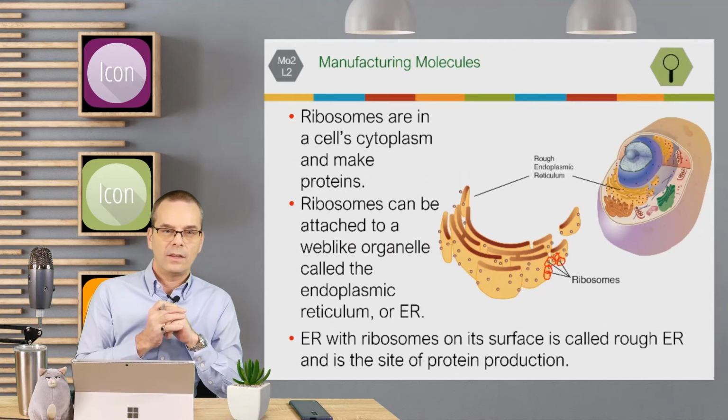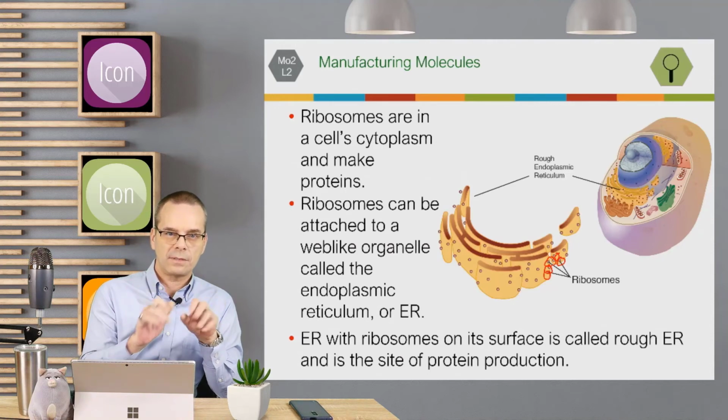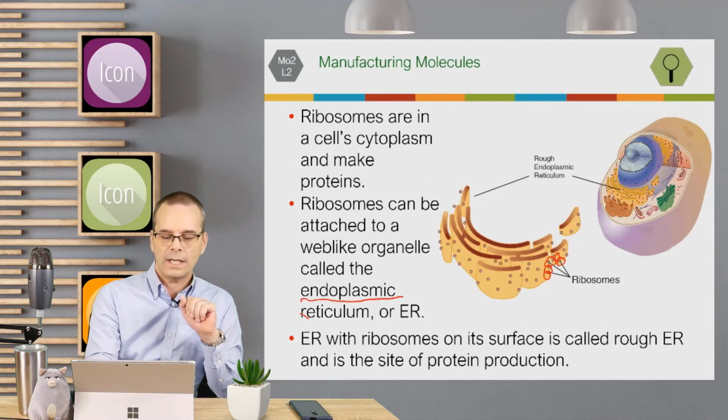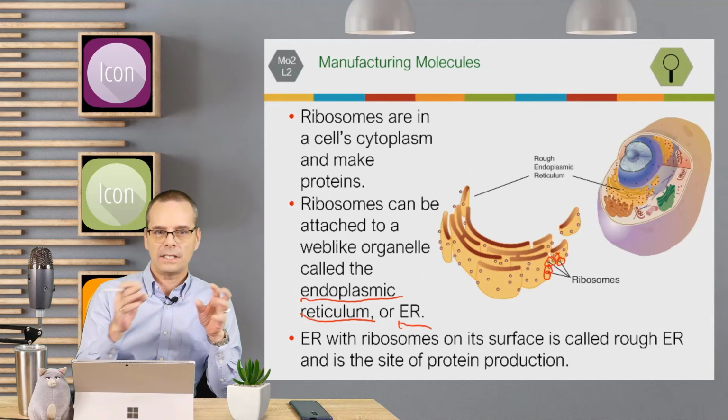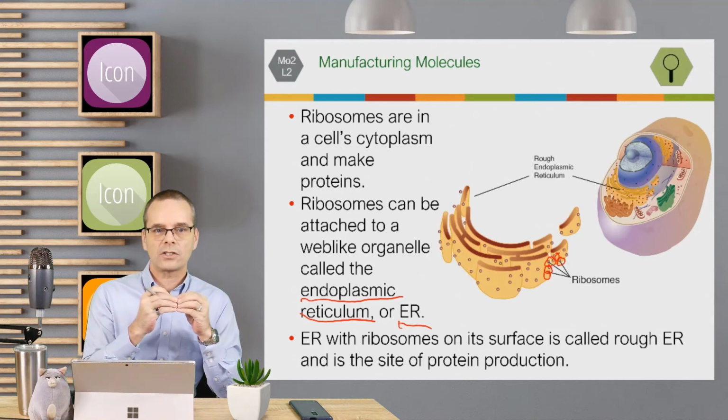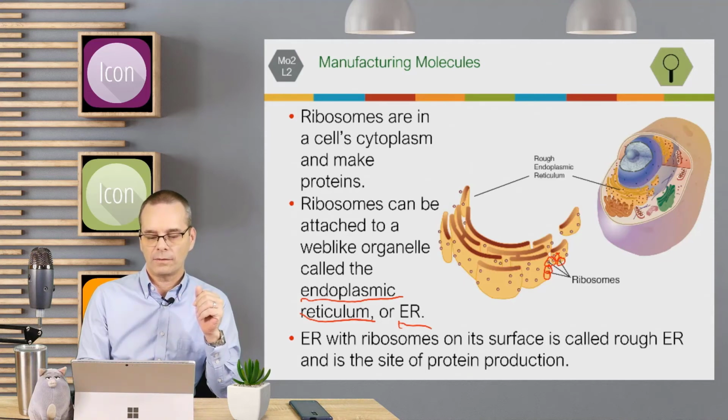And what they do is they kind of attach themselves to this rough endoplasmic reticulum here. So the endoplasmic reticulum, that's a big word, so you can just say ER. But learn how to say that, endoplasmic reticulum. And the ribosomes attach to the surface of an ER.